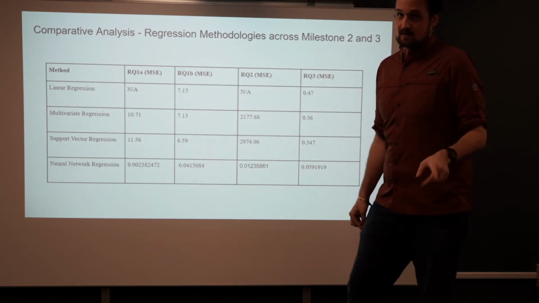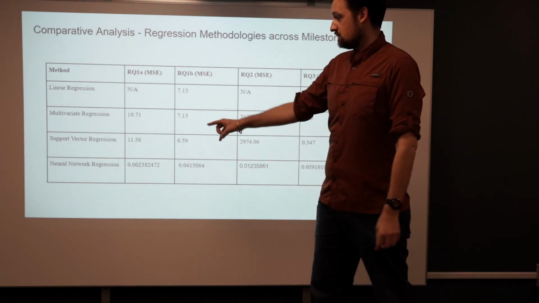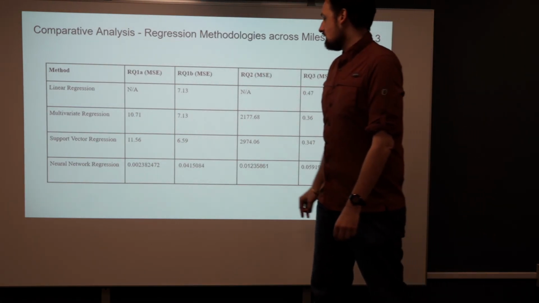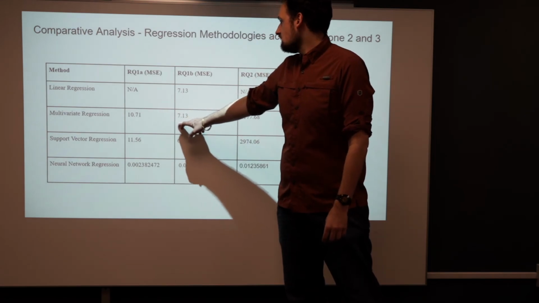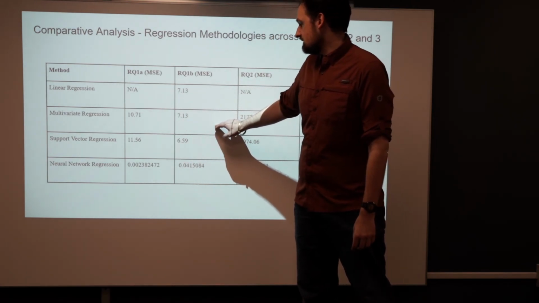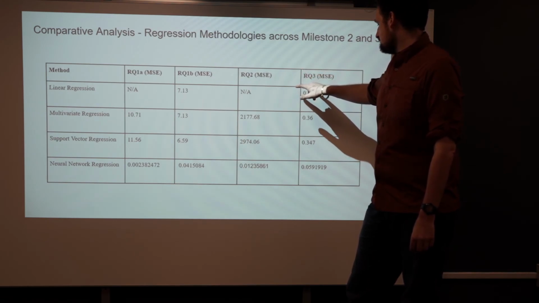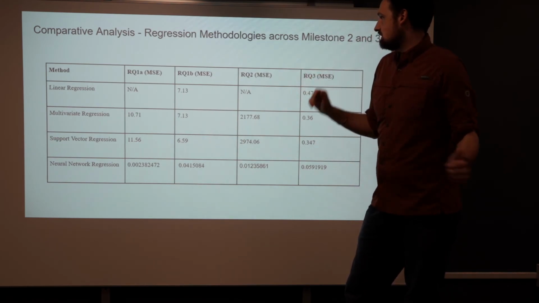However, there is a similar relationship that you can see in the numbers for neural networks and in the numbers for other methods, where we saw a decrease in our mean square error going from here to here, but for Q2 and Q3, we saw a slight boost. Okay, next.